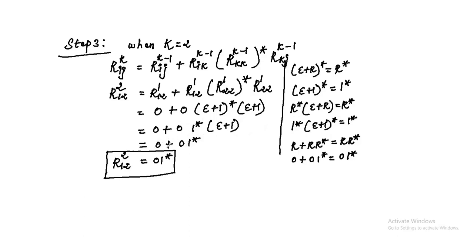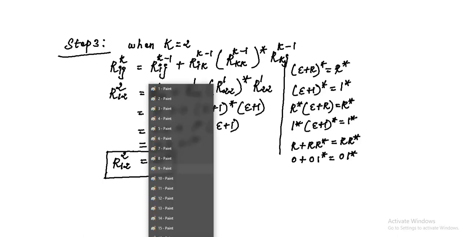So 0 plus 0 1 star, that is as per the identity rules, r plus r star equal to r star. Then we can get 0 1 star. So finally you will get the answer r base 12 raised to the power 2 equal to 0 1 star. So your final regular expression is going to be 0 1 star.